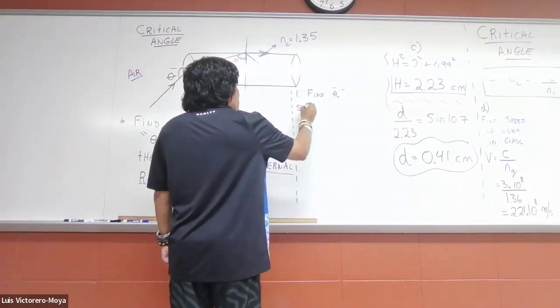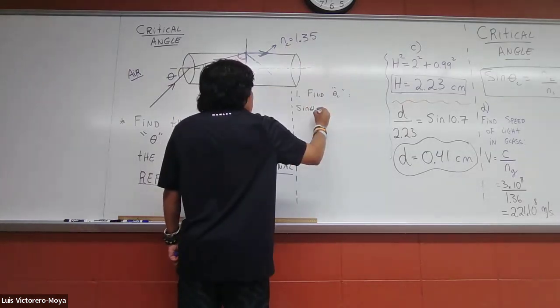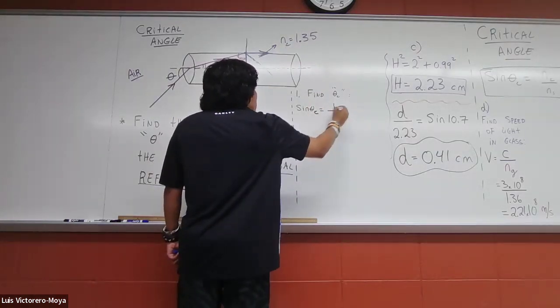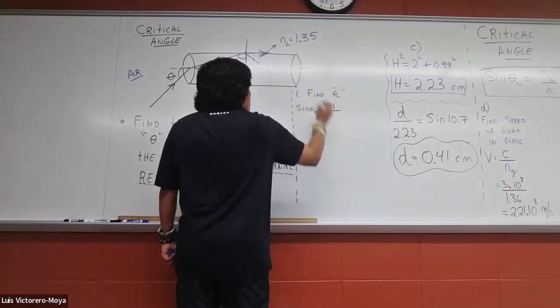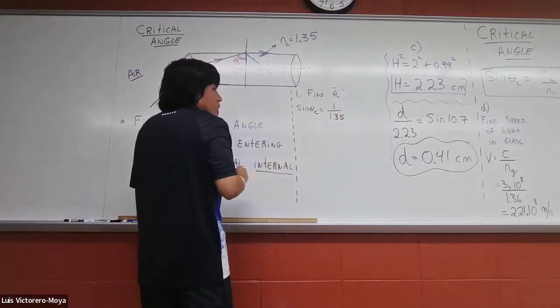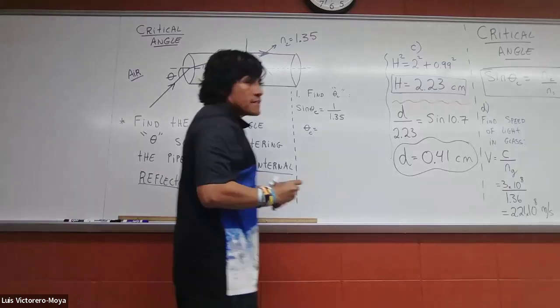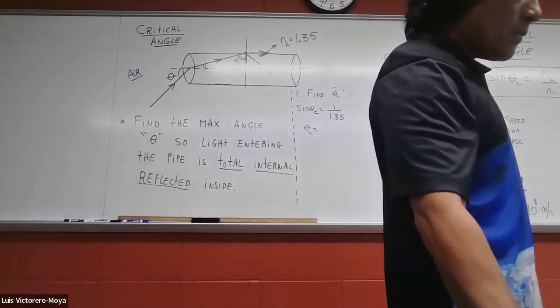So sine of theta critical is N2, which will be air, divided by N1, which is 1.35. So theta critical is sine inverse of that ratio.